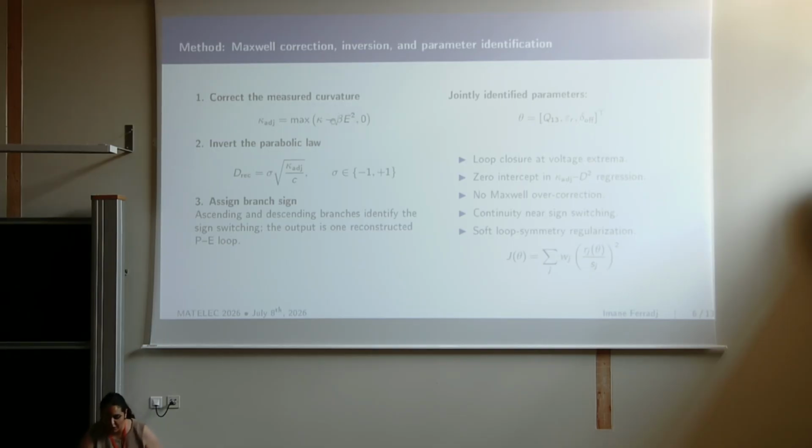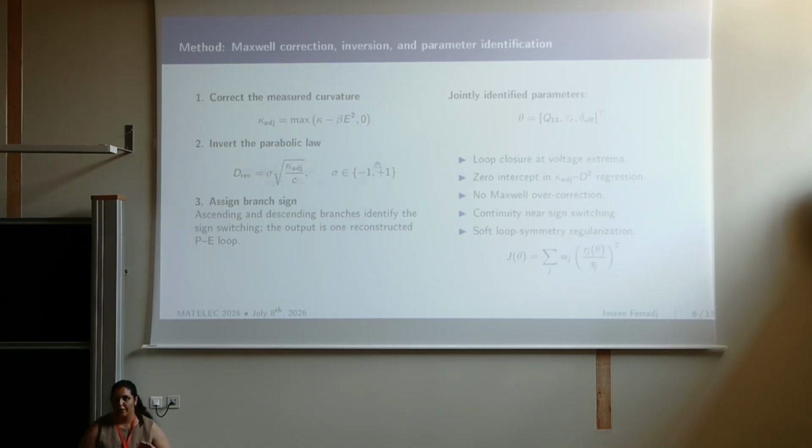And so we would have what is, let's say, the curvature resulting from electrostriction. And then via the parabolic formula, we make an inversion to collect the reconstructed hysteresis.